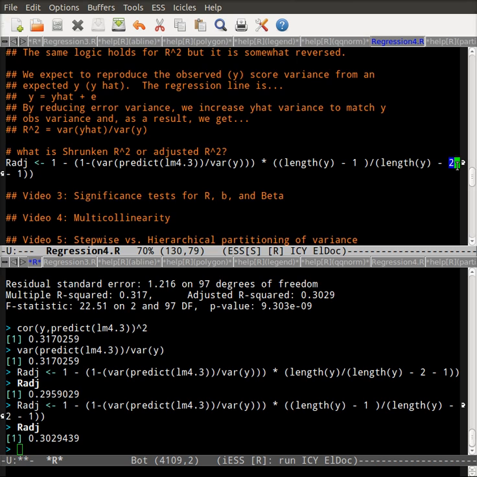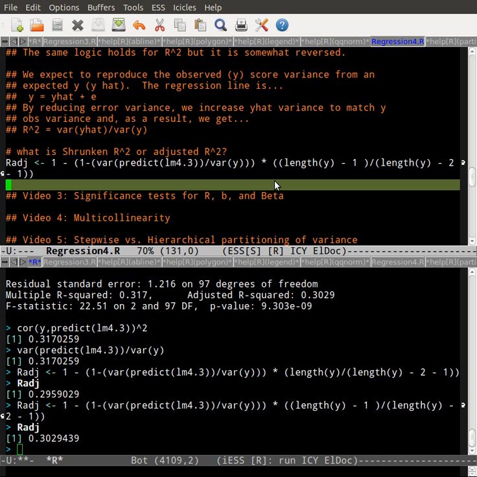Now this adjustment procedure penalizes you for small sample sizes and lots of predictors. And why is that? Well, the smaller the sample size, the more likely we are to have trivial correlations or trivial betas, squared betas, that contribute to r squared. So as you include more predictors, the equation punishes you for having more predictors by subtracting out the potential for spurious beta squares that artificially inflate your r squared.